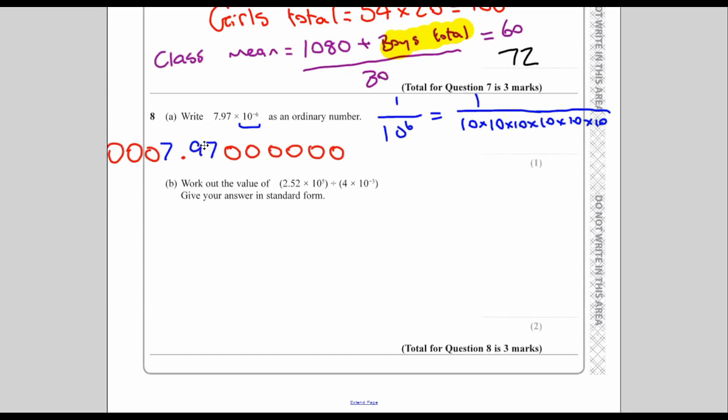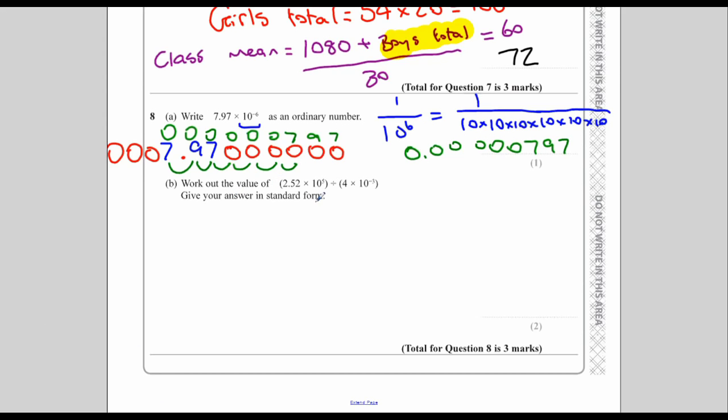That's the same as moving the decimal place the other way. Move the 7: 1, 2, 3, 4, 5, 6. 7 goes here, and the 9, 7 go here, and all the rest get filled with zeros. So it's 0.000007 97.